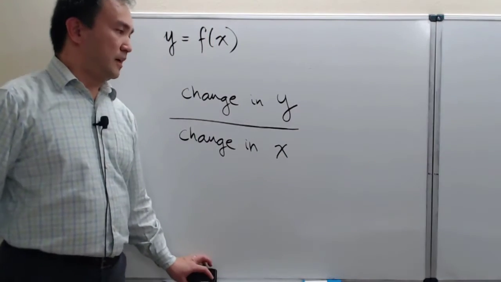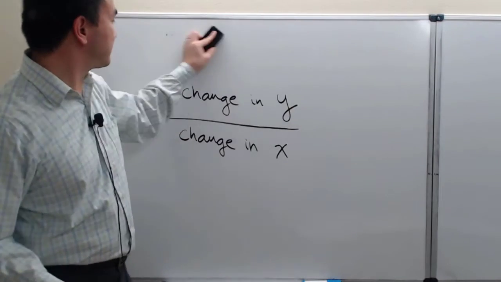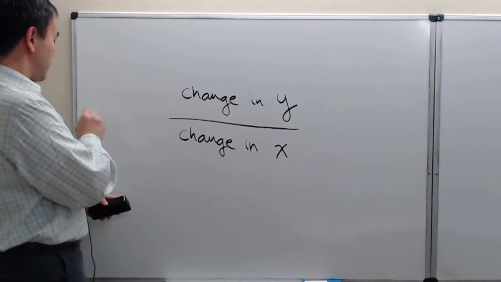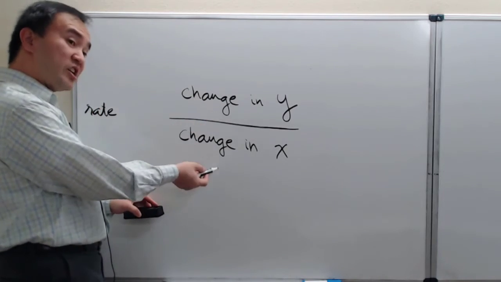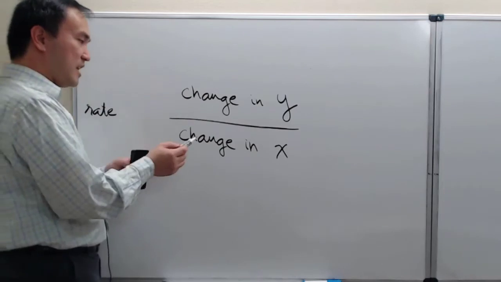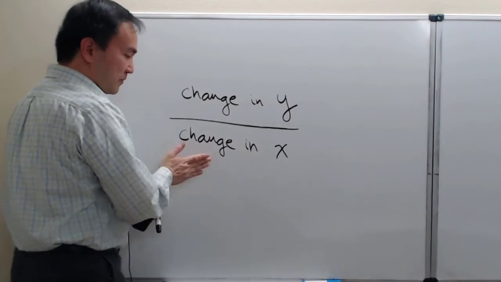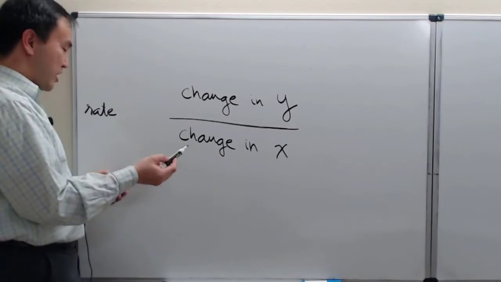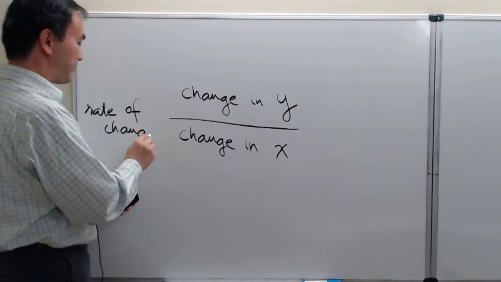And so this is what rate of change is all about. As I said earlier, it's a ratio, so it's a rate indicating how fast the vertical coordinate is changing over the horizontal coordinate. That's why we refer to this as rate of change.